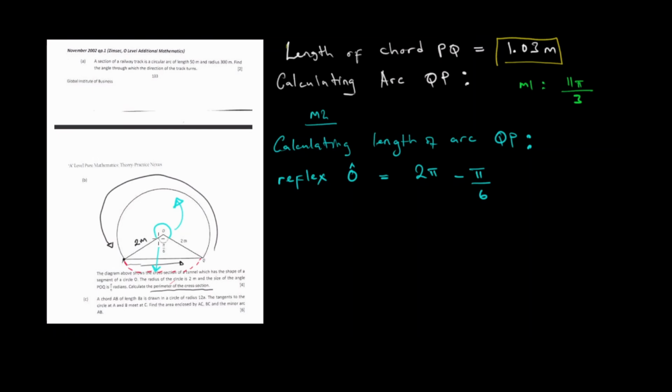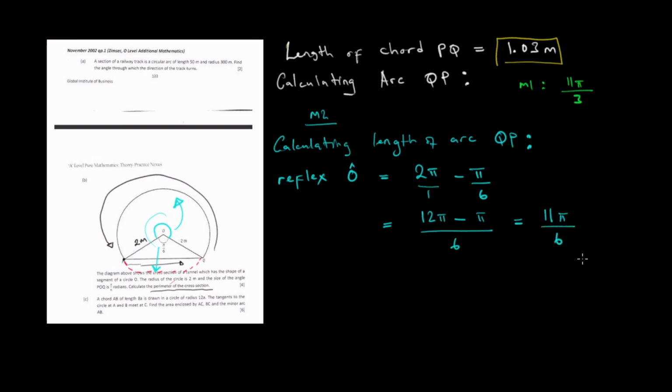So the angle inside is pi over 6, and the angle outside should be 2 pi minus pi over 6, because the whole angle is 2 pi, a complete revolution. So complete revolution subtracting the angle inside gives the one outside. This is also some form of deductive reasoning. So this is equal to 6 times 2 pi, that's 12 pi, minus pi over 6. So this gives us 11 pi over 6.